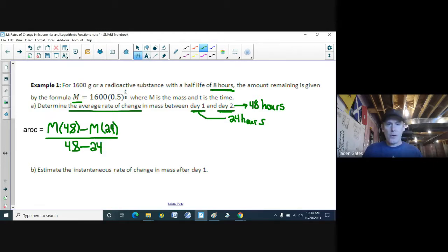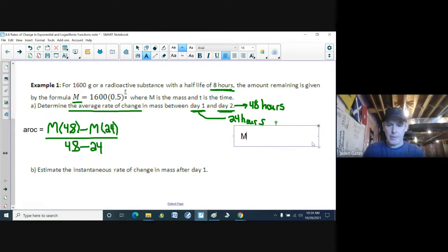All right, so over on the side here, what I always like to do is figure out this stuff to make it less confusing. So I'm going to put 48 into that formula. So in for t goes a 48. So 48 divided by 8 is 6, 0.5 to the power of 6, and then times 1,600. And I get 25.